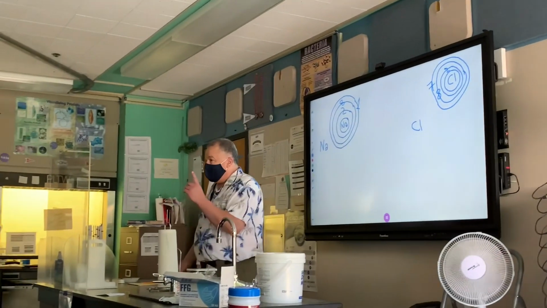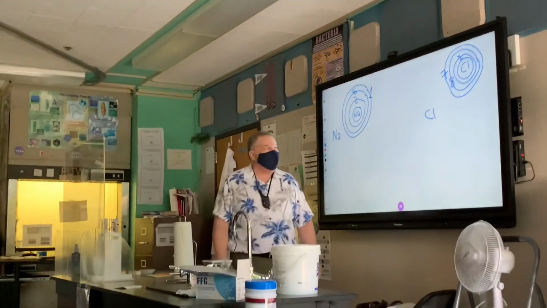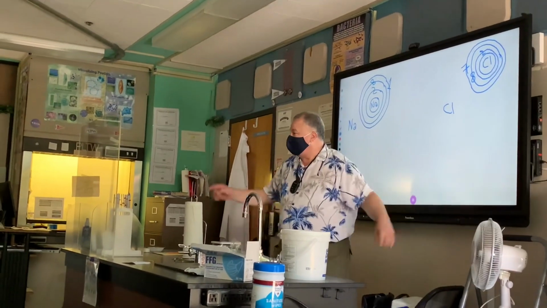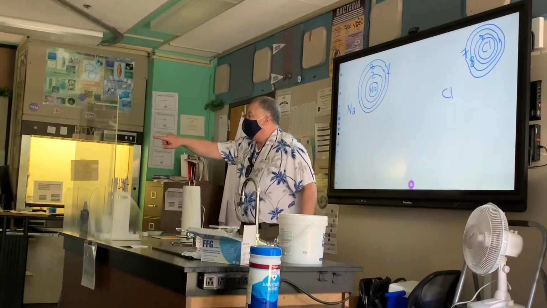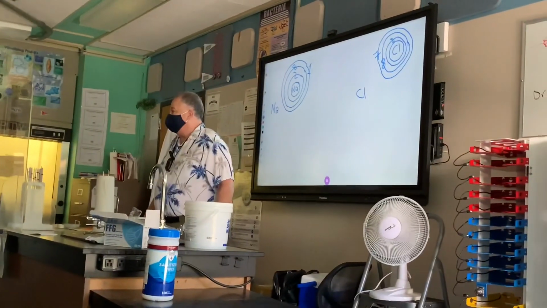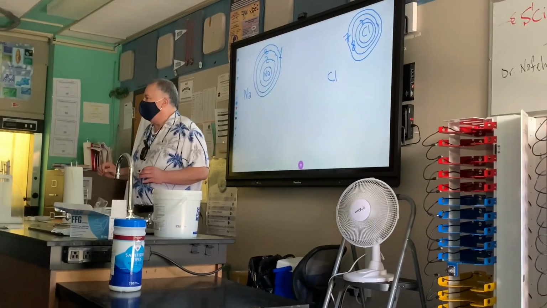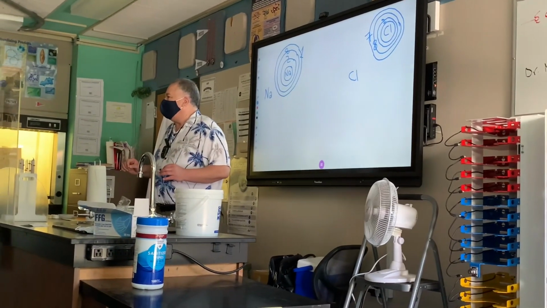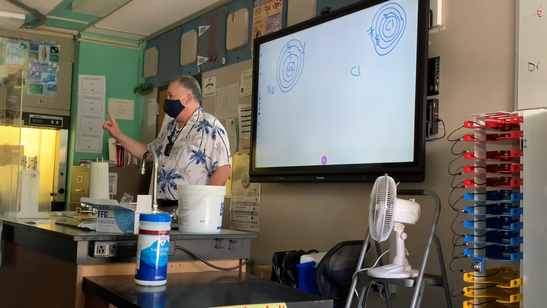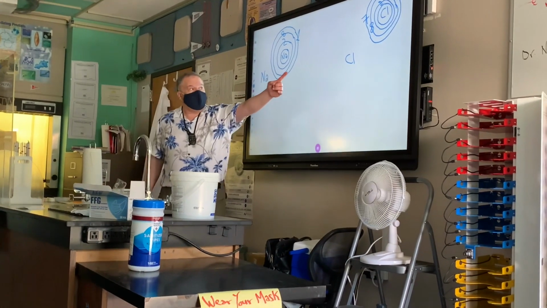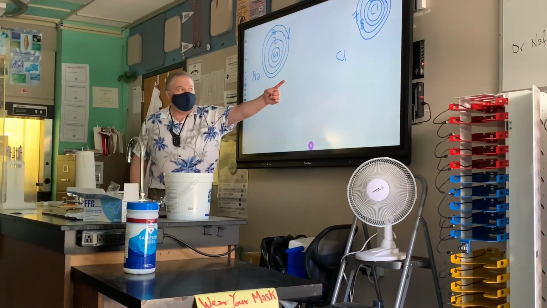So it needs how many to become 8? 1 electron. And if it gets that electron, it becomes like argon. Look at argon, the noble gases. It becomes happy like argon, and stabilized like argon. So this one needs 1 electron to be happy like argon.